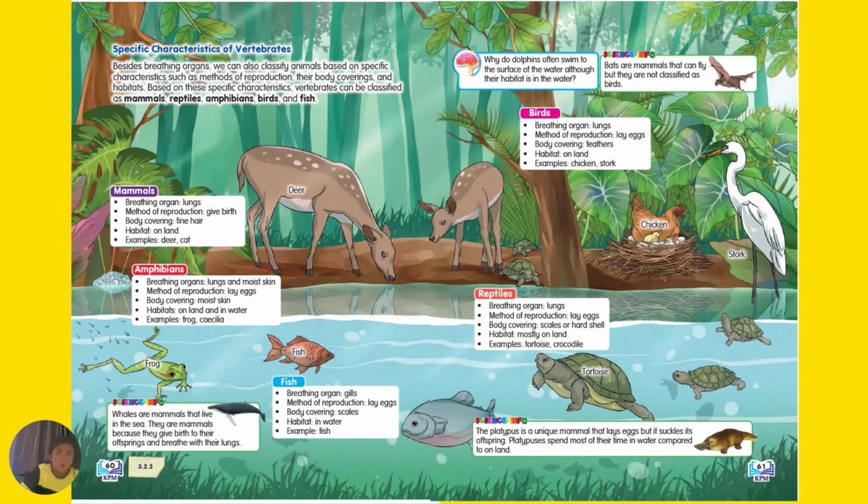Okay, let's see one by one. Number 1 is mammals. What is mammals? Apa itu mammals? Tolong ingat. Mammals in bahasa Malaysia we call as mamalia.